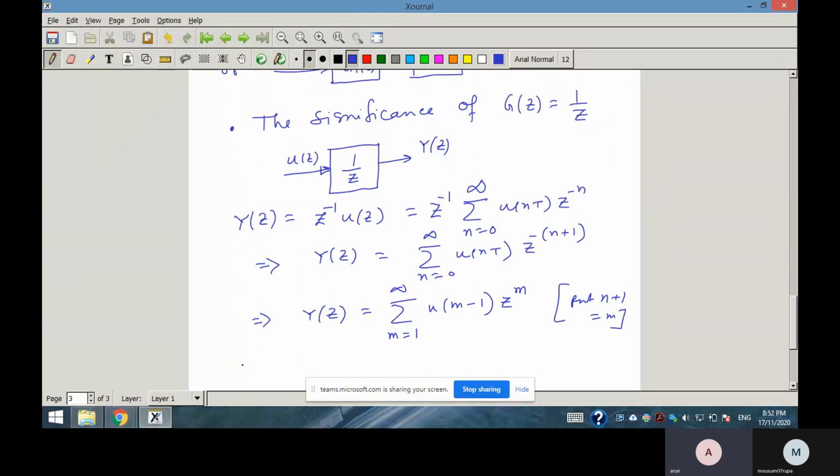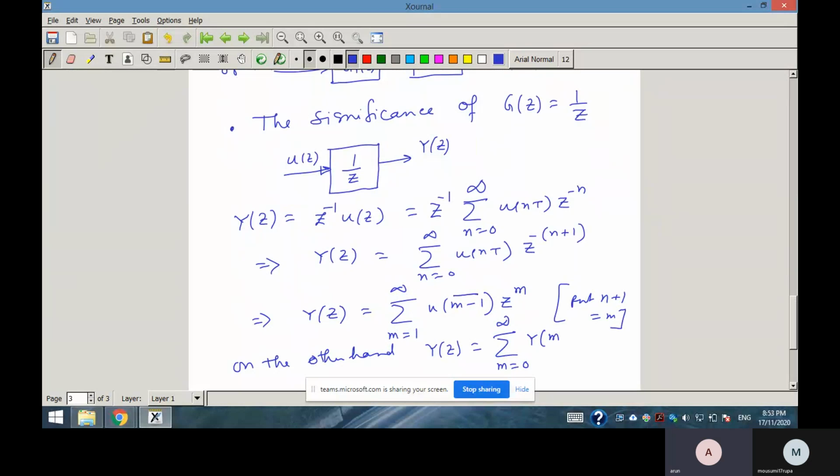On the other hand, Yz you can also write like this: summation of m equal to 0 to infinity y of m.